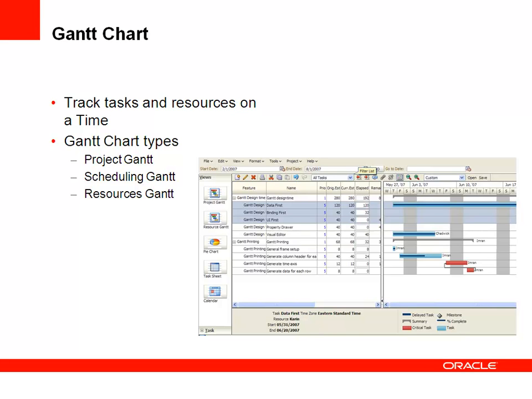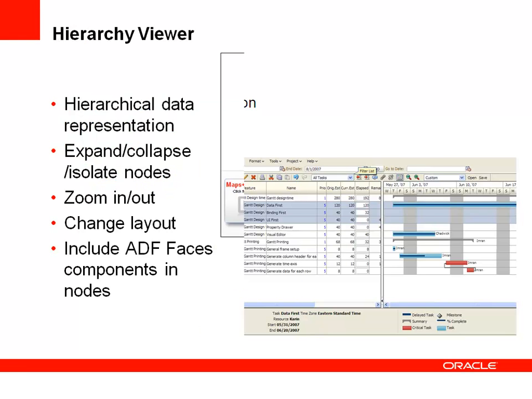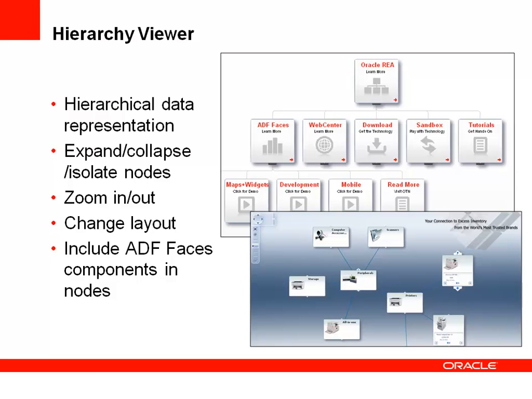And again, with all the capabilities of zooming in, expanding, collapsing, defining relationships between operations, etc. The hierarchy viewer allows you to display information in a hierarchical way, allows you to dynamically expand and collapse nodes, zoom in, zoom out, and change the layout while looking at the hierarchical data.